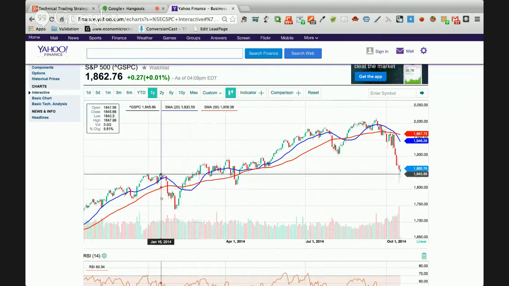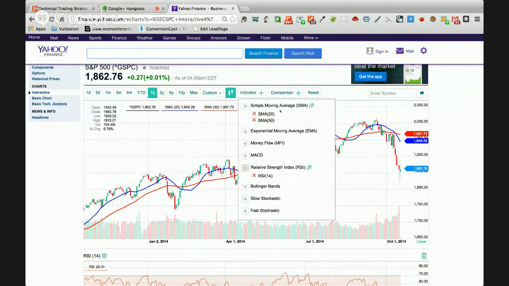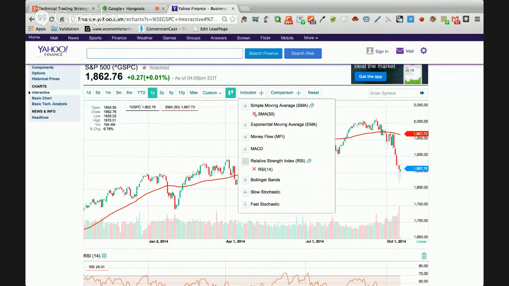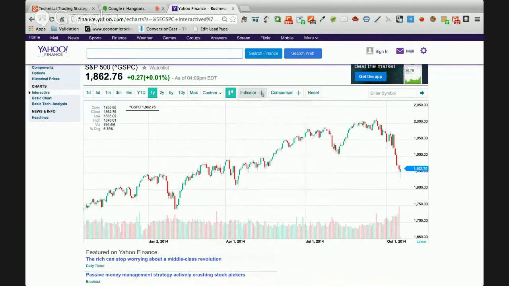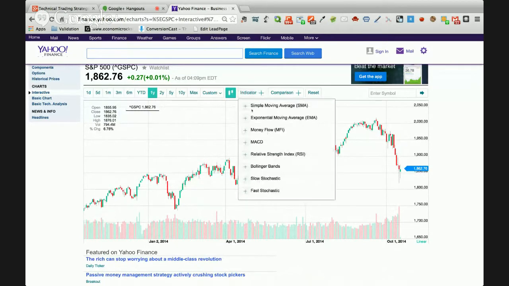Also what I've drawn here are what's called simple moving average lines. I'm just going to knock those out so we'll see what the chart looks like without the moving average lines. This is one of the technical indicators that some traders would use in order to smooth out all the noise in the market.